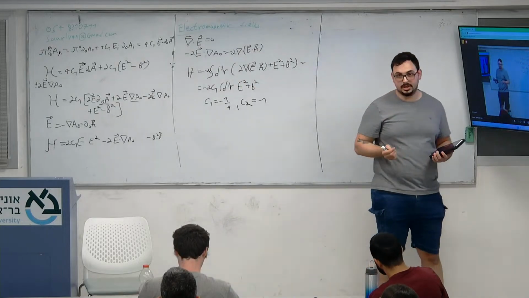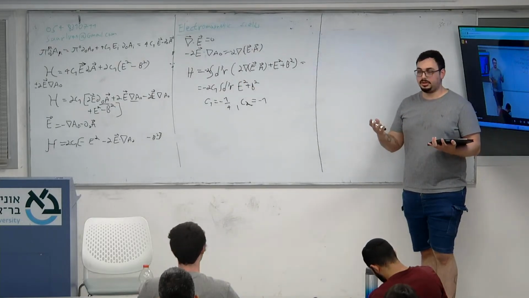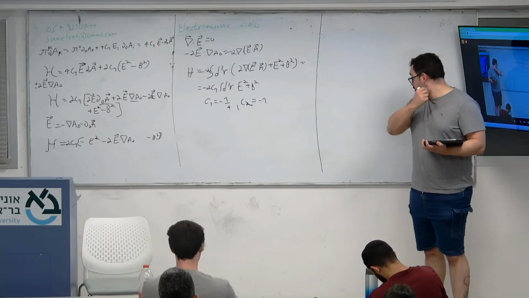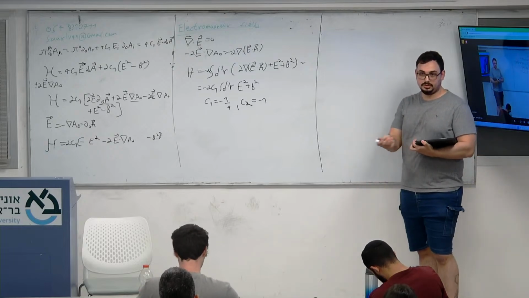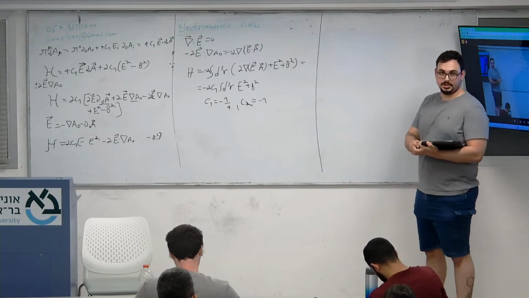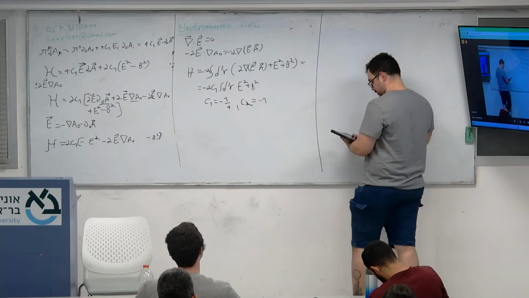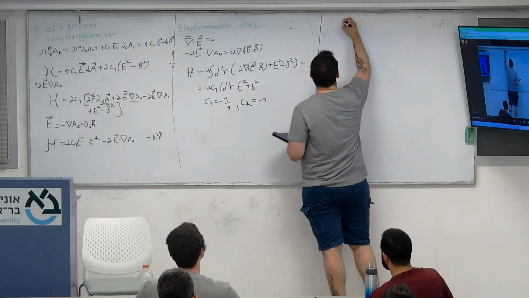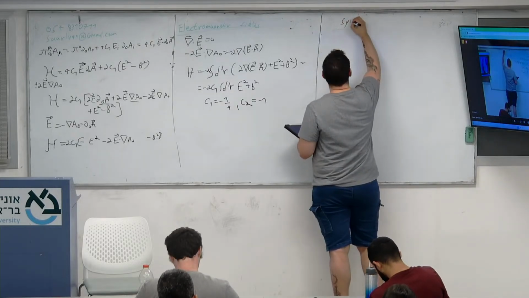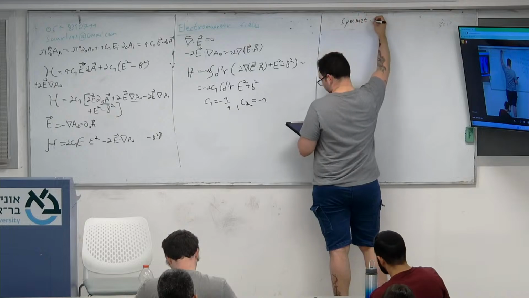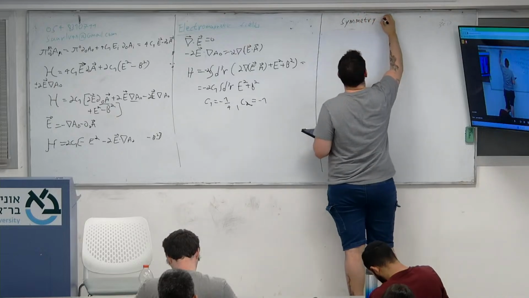But there is actually a way to prove that those quantities are conserved. All of this comes from symmetries. Right. The title is Symmetry Transformation.